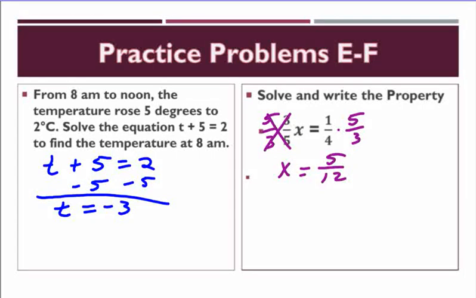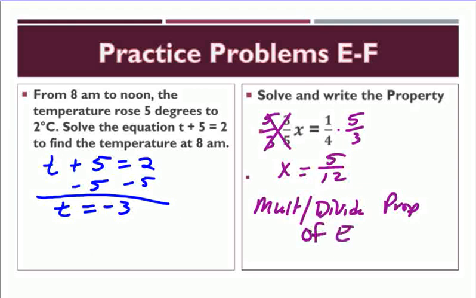I would consider this one either way, just because if you're dividing by a fraction, it's the same thing as multiplying by the reciprocal. So we could just say multiplication and division property of equality. So that is our lesson on properties of equality.